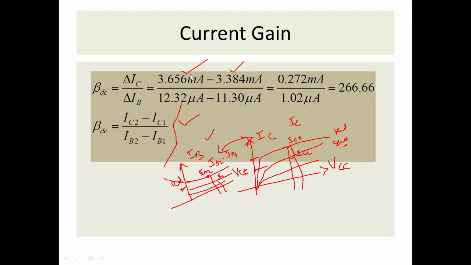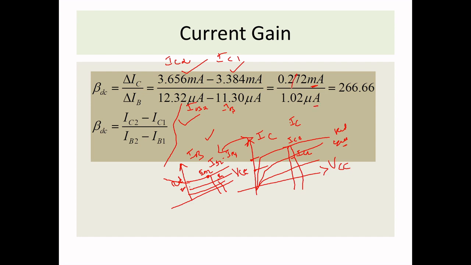Here you can see in the PPT clearly. This is your IC2 value. This is your IC1 value. This is your IB2 value. This is your IB1 value. If you take the difference, you see 0.272 milliamps, and this is 1.02 microamps.